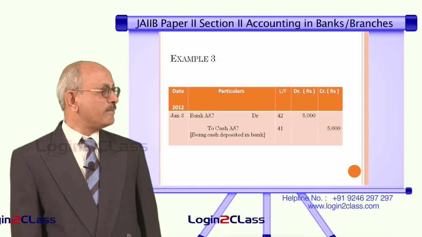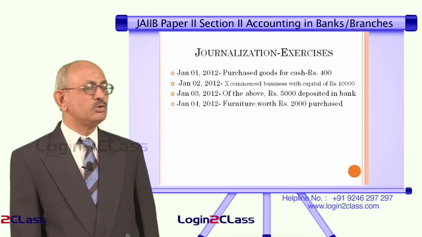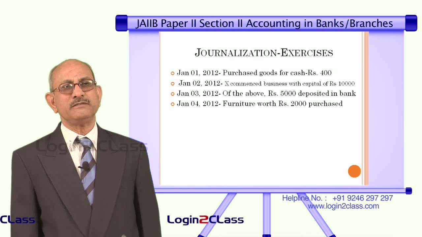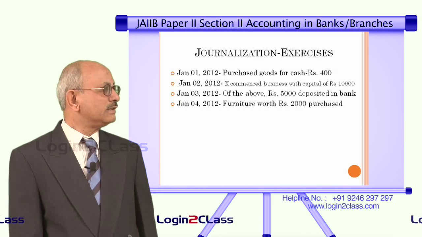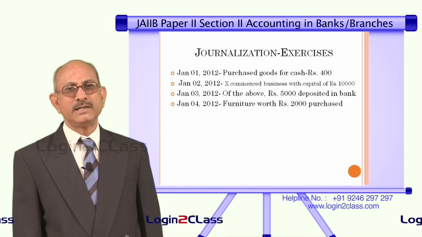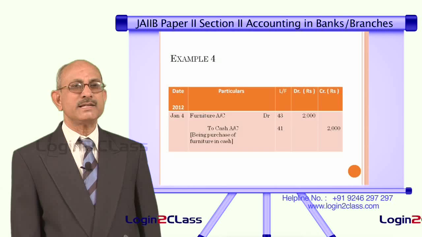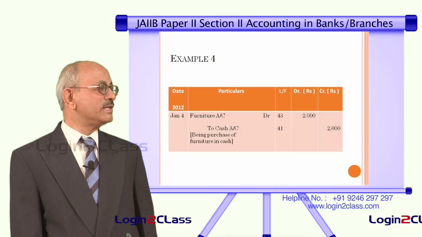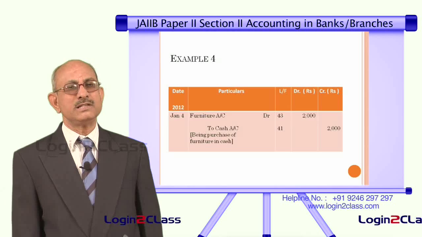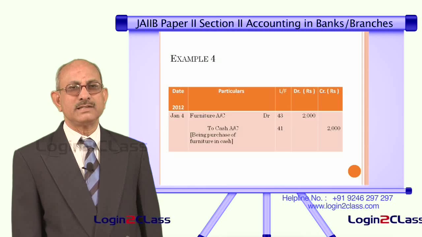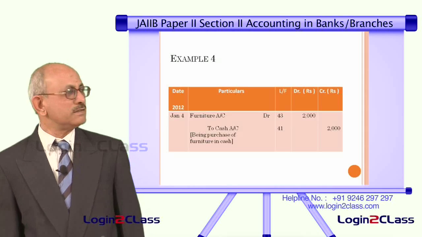Now let us go to the fourth example. Furniture worth rupees 2,000 purchased. Again the first step here is to identify the two accounts which are getting affected. One is the furniture account, the other is the cash account. Though cash is not mentioned here, it is presumed that the furniture is bought with cash. That means they have paid cash for purchase of furniture.